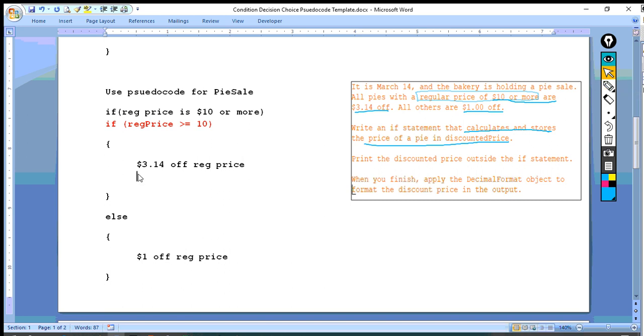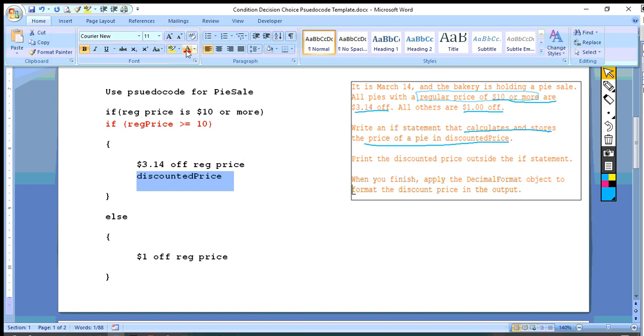And so in this, we are going to store or update this discounted price. Now this is going to need to be declared outside of or before the if statement, and so that's one thing you're going to want to make sure.